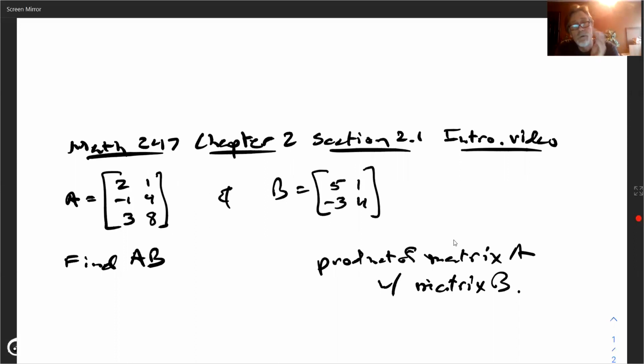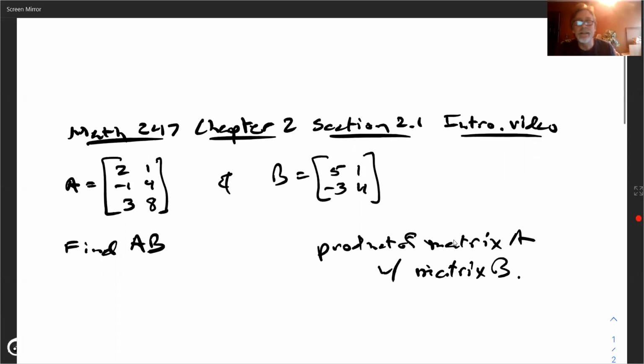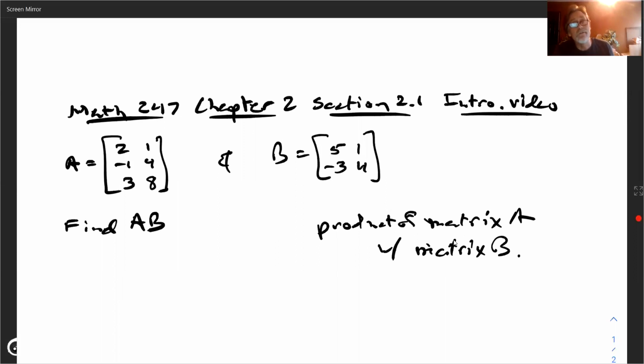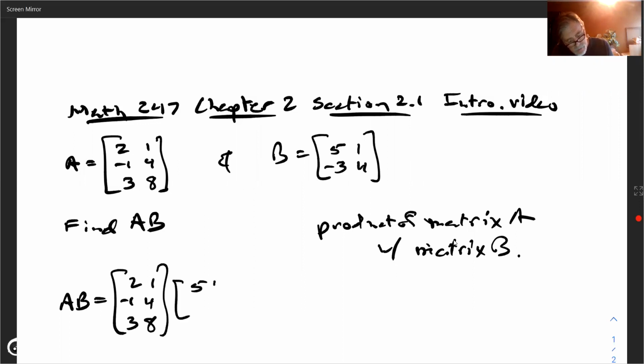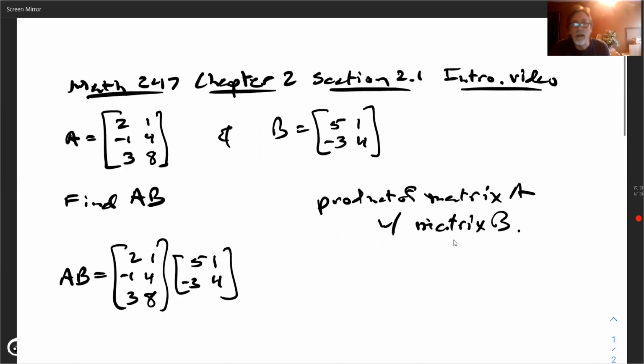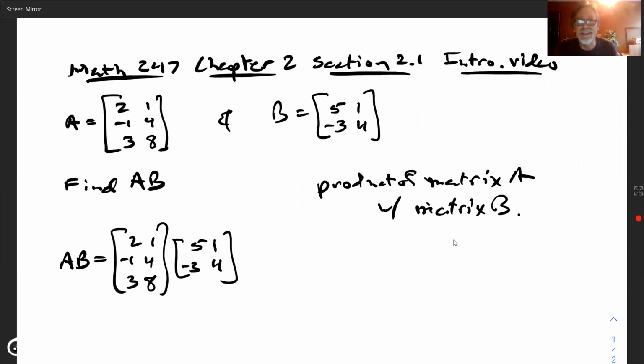So what we ought to do is put them side by side and visit the definition. So AB, A times B, is this guy times this other guy. They're different sizes, and I'm wondering if it's possible to multiply them together.